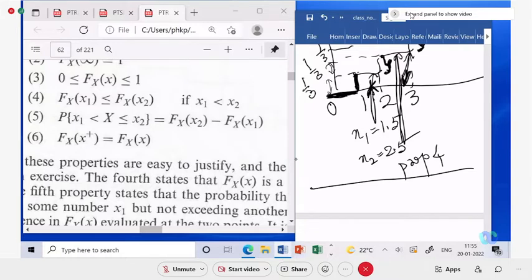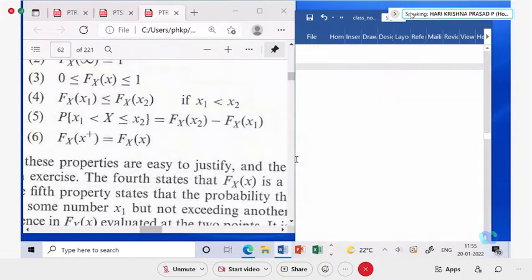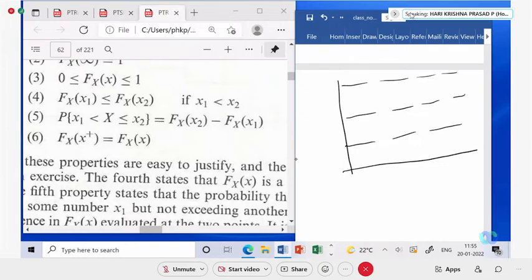Let me draw again, because the same figure is used. Let me draw now in a better way. X-axis is the values taken by the random variable. The random variable is taking values 1, 2, 3.